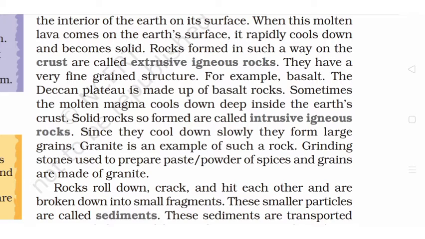Now, sometimes the molten magma or lava cools down inside the earth's crust only, and solid rocks are formed inside the earth. Then it is known as intrusive igneous rocks. So the difference is that extrusive rocks become rocks after coming onto the earth's surface, and intrusive igneous rocks become rocks inside the earth only, and they cool down slowly. They become large grains.